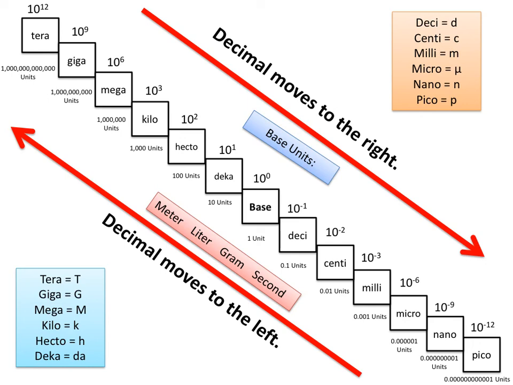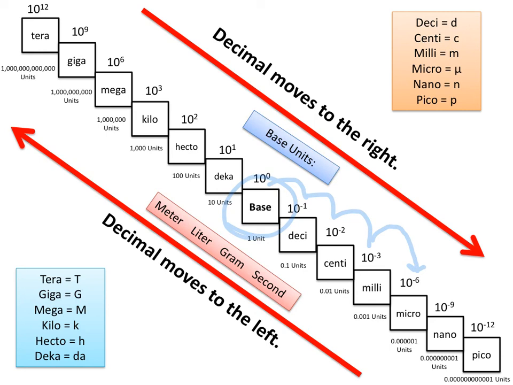Now this is the chart that you have in your journal. There's just a couple of things that I want to point out before you move on and go on to your next activity. Notice that you start with the base unit here in the middle, and as you go down it goes to -1, -2, -3, but then the next number that's given is actually a -6.